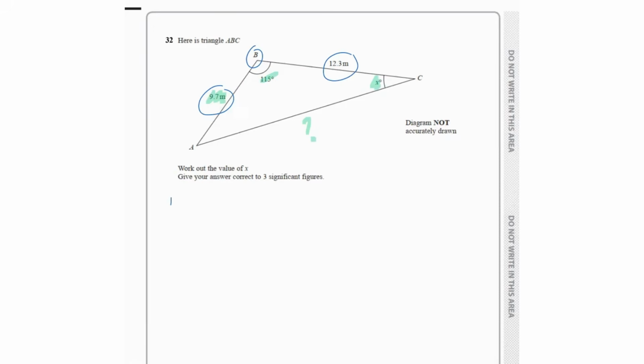So AC squared equals 9.7 squared plus 12.3 squared minus 2 times 9.7 times 12.3 times cos of 115. Plug this in the calculator. That's 346.225. Now we're going to take the square root.